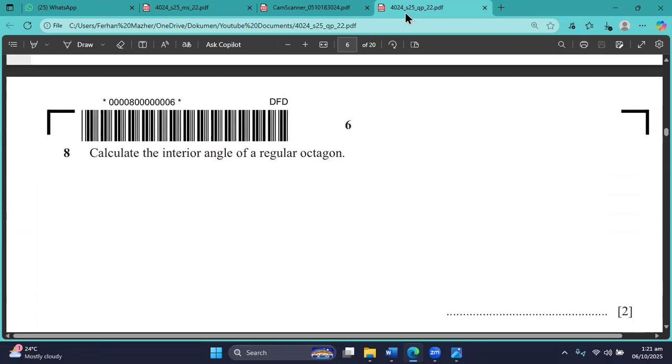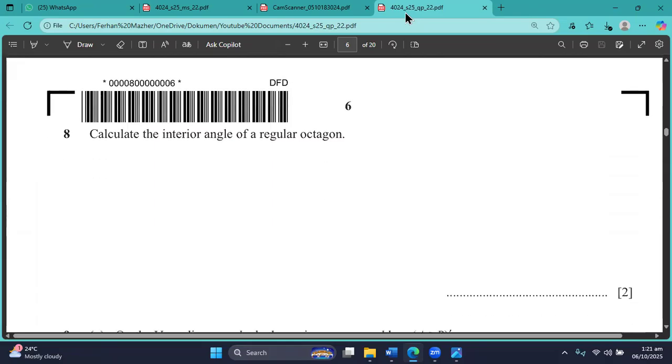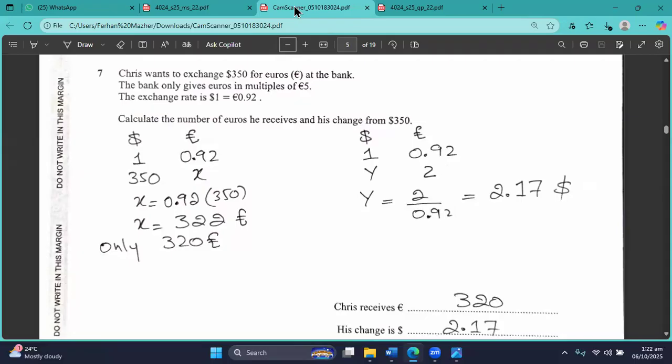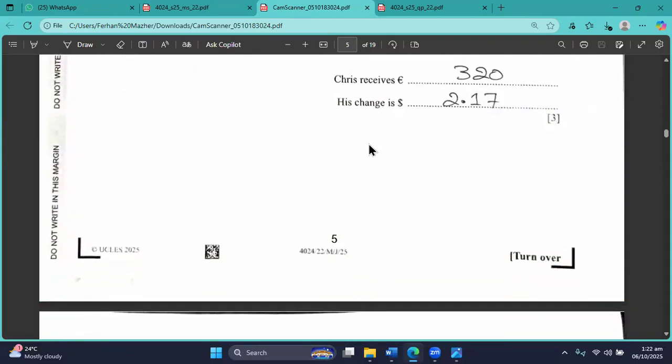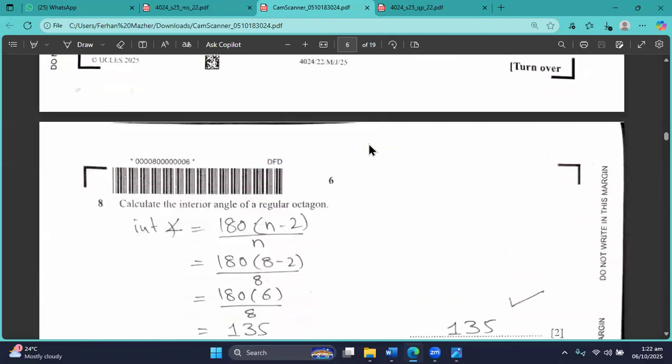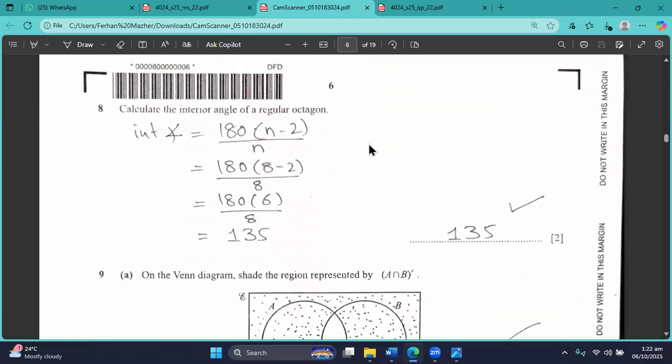Question number 8. He says, calculate the interior angle of a regular octagon. Octagon means 8 sides. Regular means all its sides are equal, and all its internal angles are equal. The formula for the internal angle of a regular polygon is 180 bracket n minus 2 bracket close, the whole thing divided by n, where n means the number of sides.